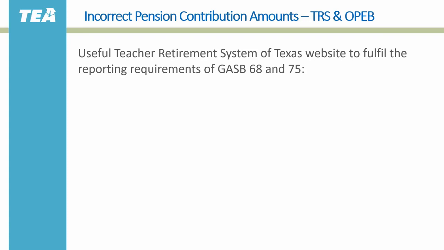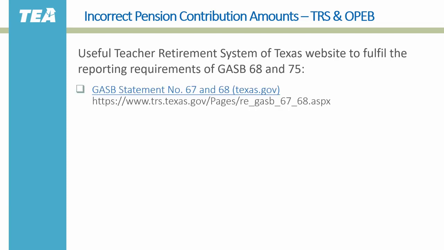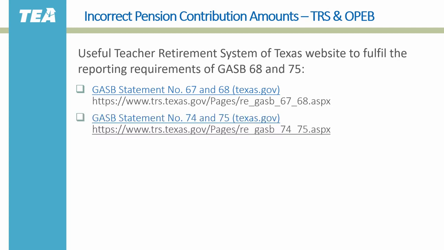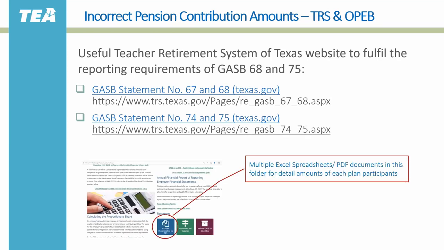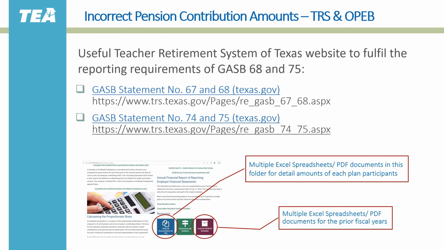To fulfill GASB 68 and GASB 75 reporting requirements, TRS provides the school district the detailed information of the plan's liability, expenses, contributions, deferred inflows, and outflows of resources. This information can be found in the Excel spreadsheet and the PDF documents on the TRS website as shown in this page. Prior years' information is located in the archive folder of the website.